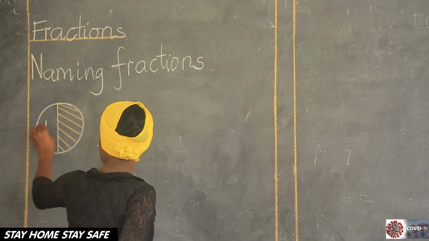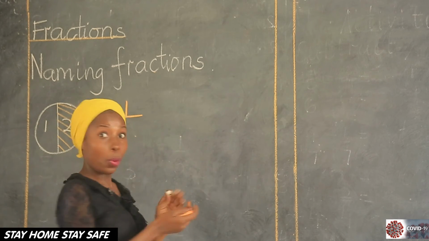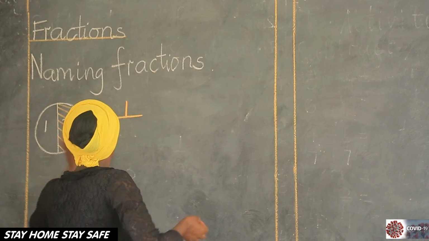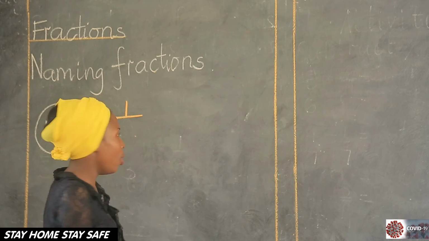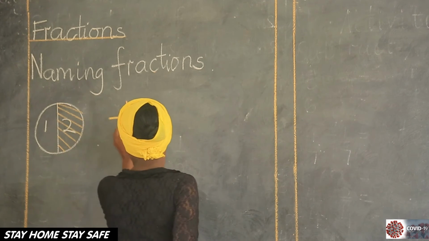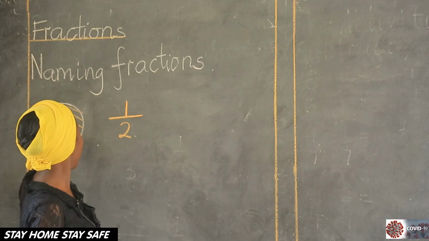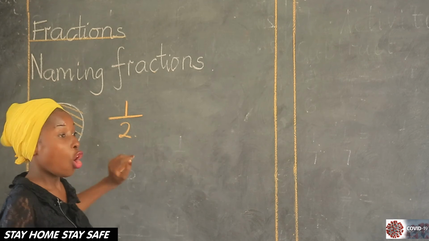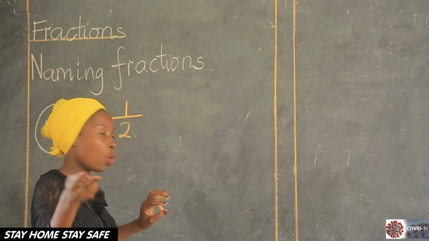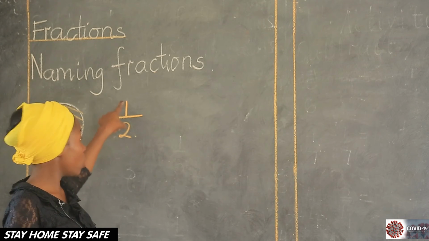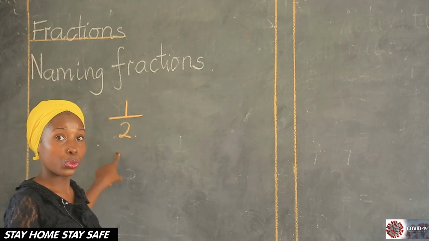This is the first part, this is the second part. So there are 2 parts. Can you see that? So this is only 1 part out of the 2 parts. So when I ask you to name the fraction that is shown to you, it is 1 out of 2, because it's only 1 part out of the 2 parts.